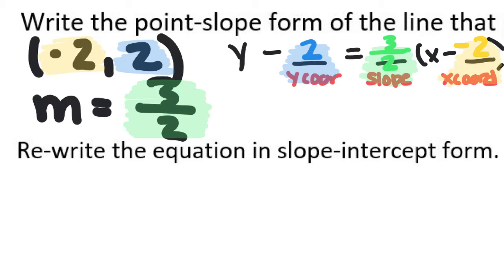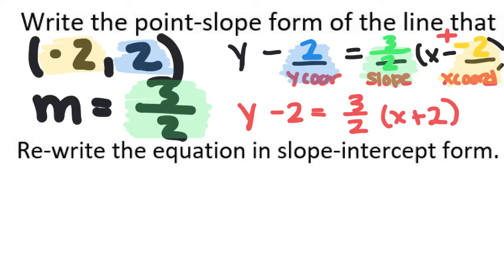Now the only other thing we have to change here is that when we have minus and negative, this really becomes a plus. So I can rewrite it as y minus 2 equals 3/2 times x plus 2.